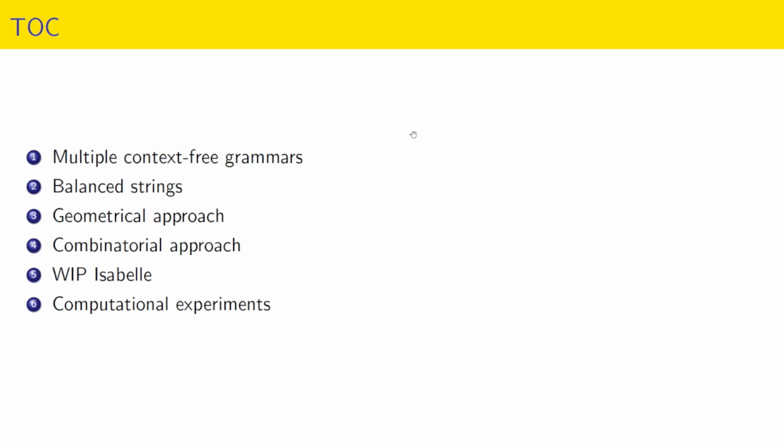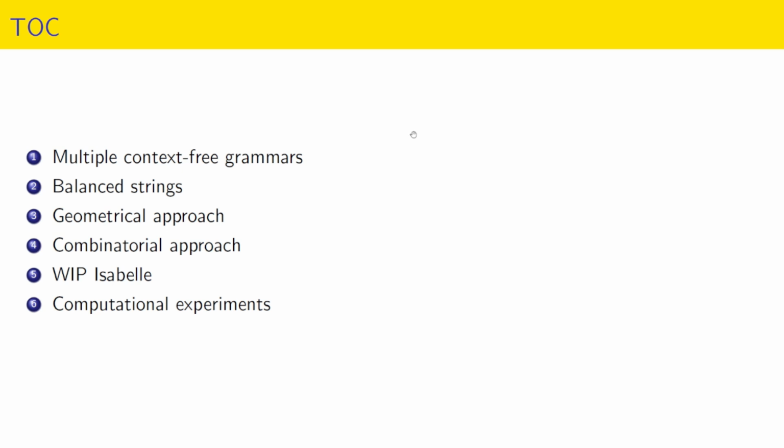I don't know how much I will need to skip, but basically we see the context of the problem. So multiple context-free grammars and balanced strings, which gives the general idea about what it is all about. And we will see some idea about the pre-existing proof, which interestingly is geometric.